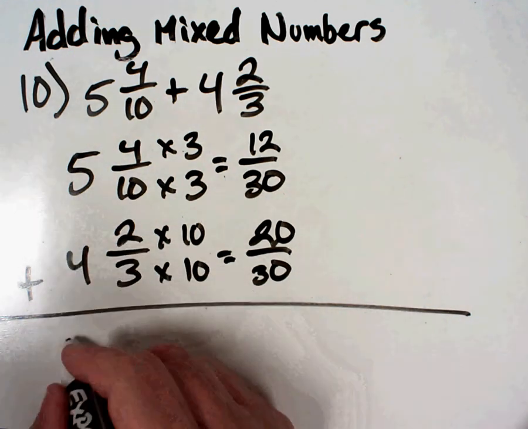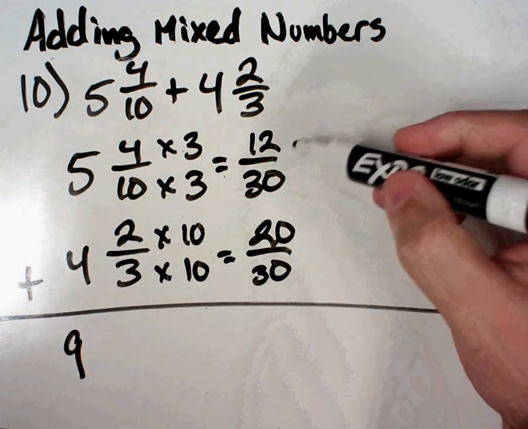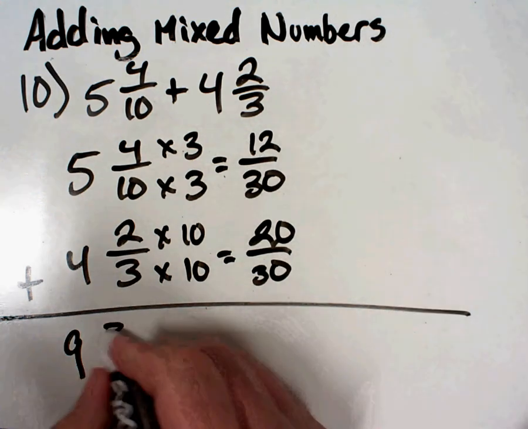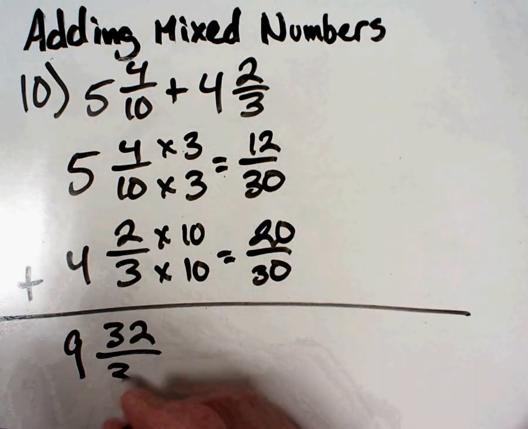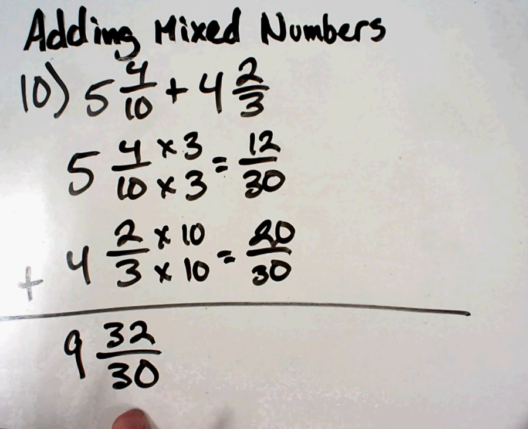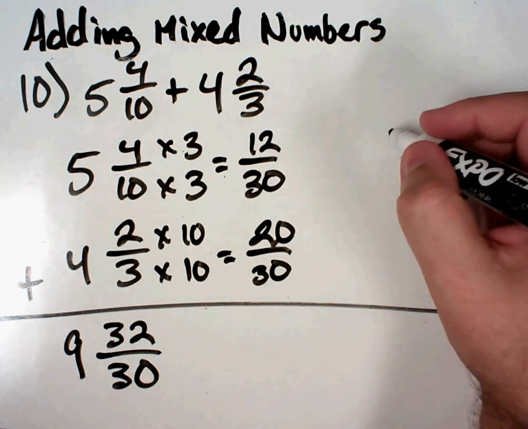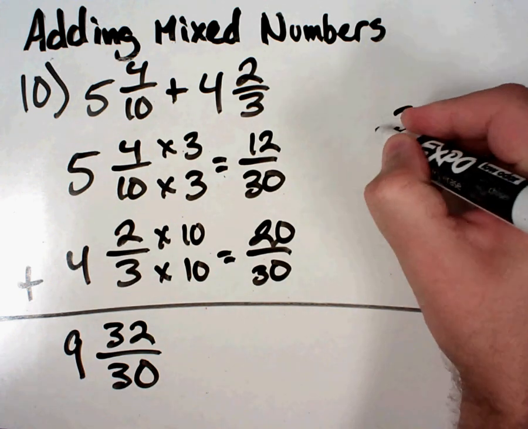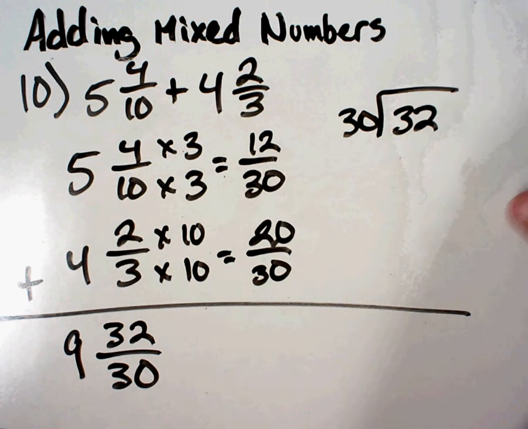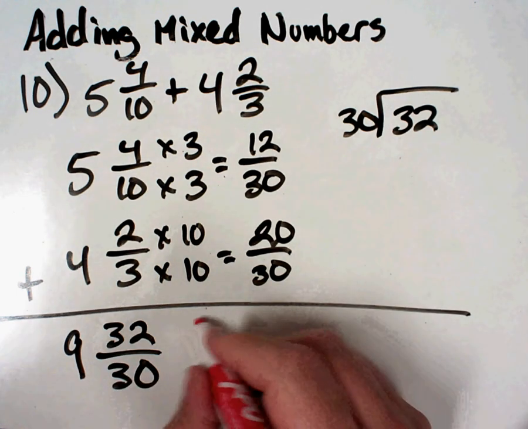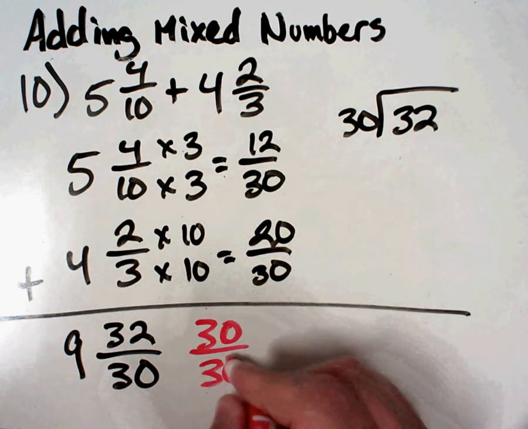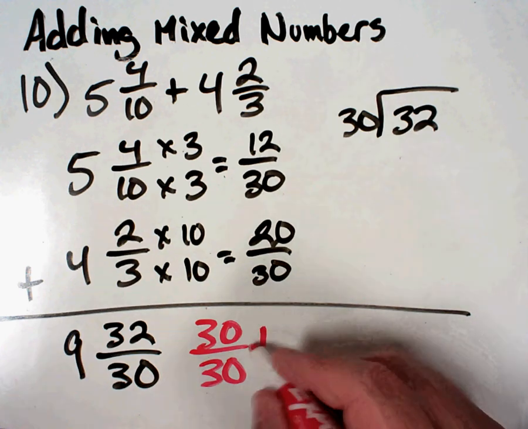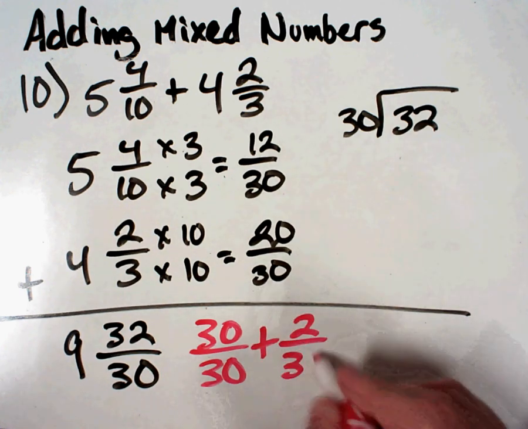5 plus 4 gives me 9. 12/30 plus 20/30 gives me 32/30. 32/30 is improper, so I'm going to come over here and do the division. Again, if you can pull this out and say, you know what, I know that 30/30 would be 1 whole, so that would just leave 2/30 left over.